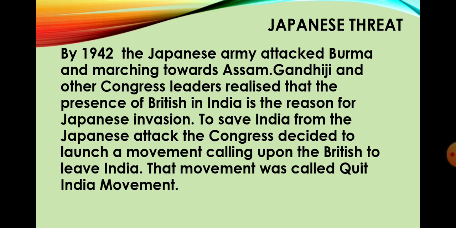So the Japanese army targeted India because India was an important colony and a major source of income for Britain. By 1942, the Japanese army attacked Burma and was marching towards Assam. From 1940 onwards, the Japanese army started conquering the Southeast Asian countries and reached the borders of India.